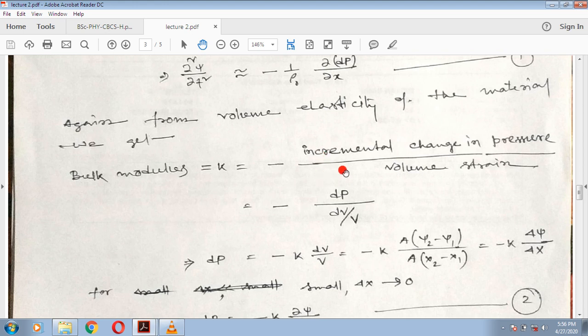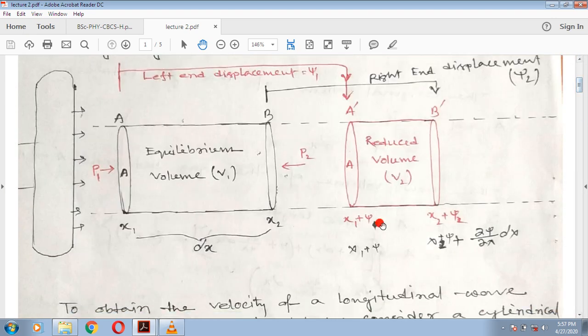So incremental change is dP and volume strain is dV by V. Here dV is the change in volume and V is the original volume before passing the waves. So V is the initial volume, that is A into x2 minus x1, initial volume of the segment AB, and dV is V2 minus V1.